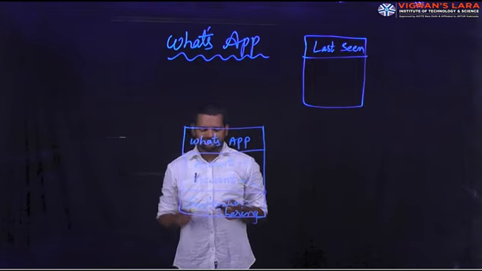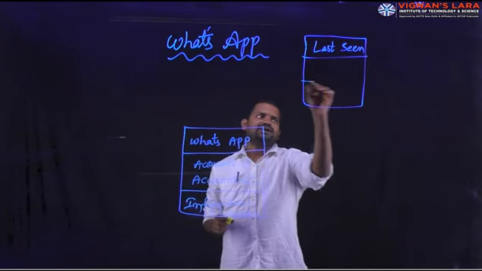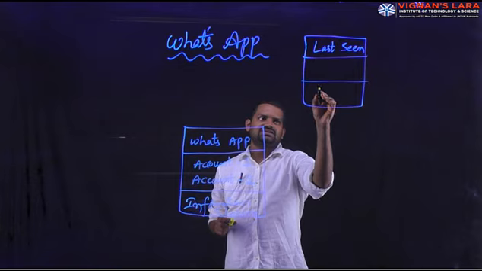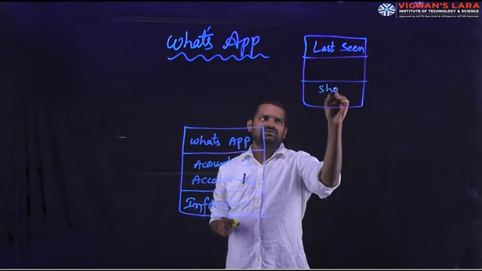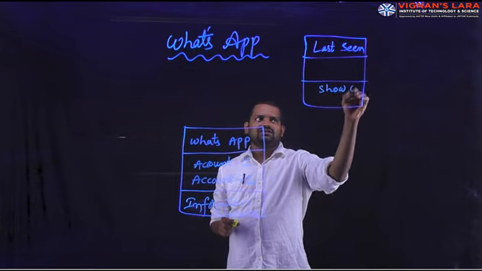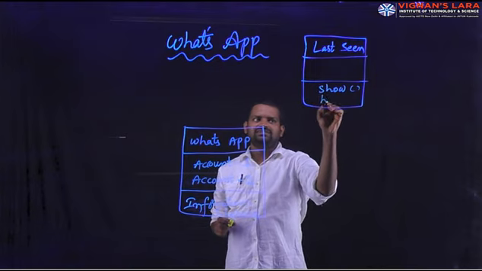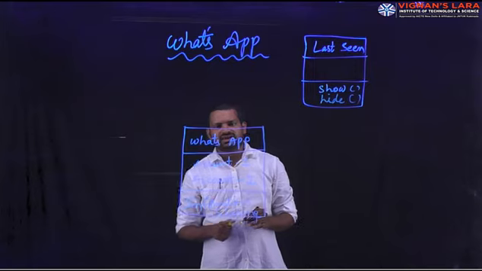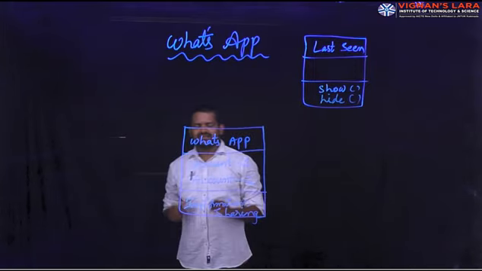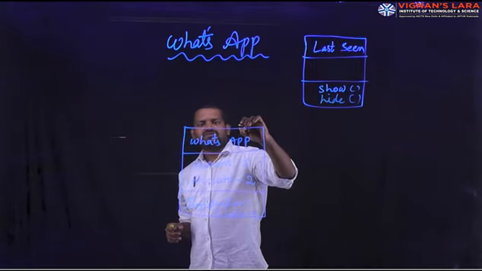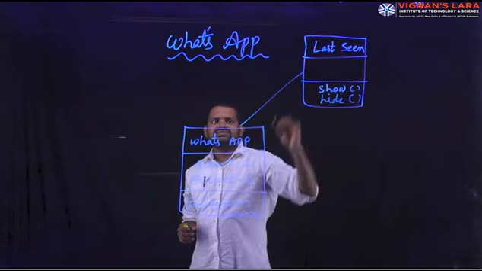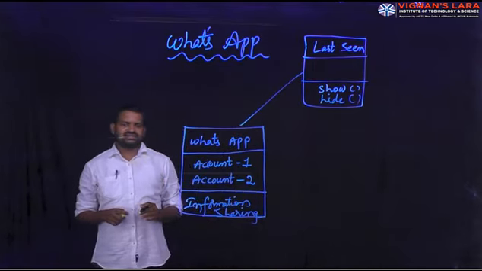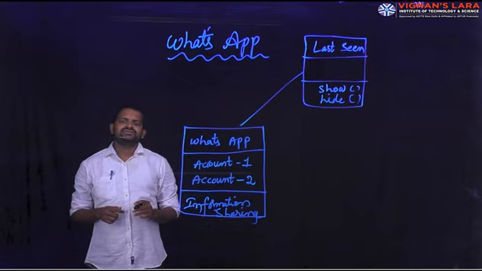In this class, we have the operations of the last seen class: the show last seen method, or the hide last seen method. So from WhatsApp to last seen, we will use a connection, that is association.